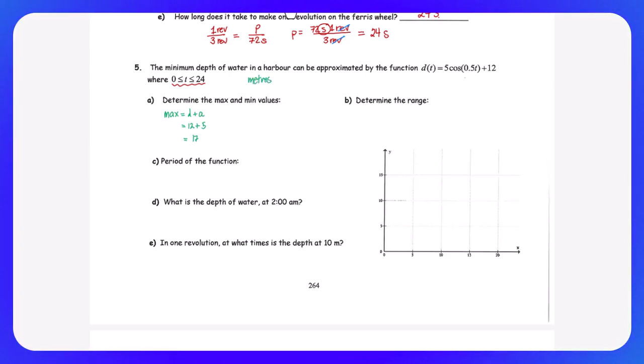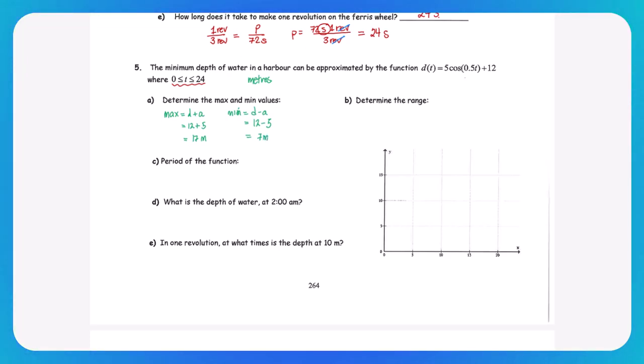It's 17 meters. What about the minimum? Well, remember the minimum is the d value minus the a value because you're going down. So it's going to be 12 minus 5, which in this case gives us 7 meters.